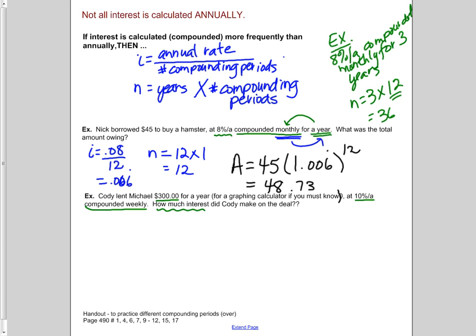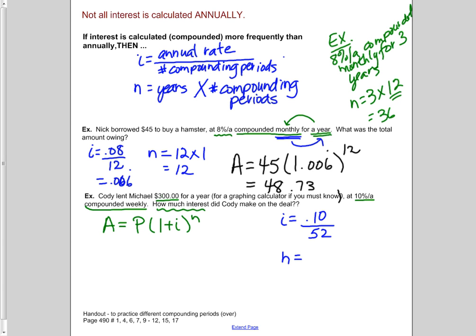So that's a little bit different. The only formula that we have is for the total amount. So we'll have to do another computation in a minute to figure out the interest. Let's calculate our I value and the N value, knowing that it's not compounded annually. If it's compounded weekly, we're going to change the rate of 0.10 by the number of weeks in a year. I hope you know that.